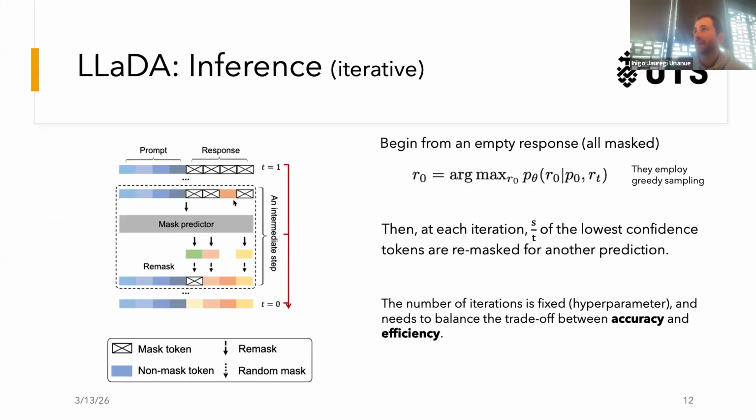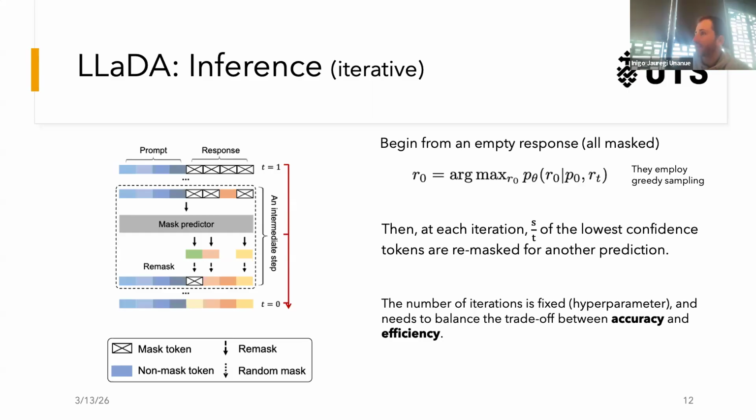And then we come to inference. When we do inference, it's similar to the non-autoregressive approach of translation, where the decoder starts with all mask tokens. In this case, the response is all mask tokens. The model first does a prediction of certain tokens, and then there is a remasking approach.